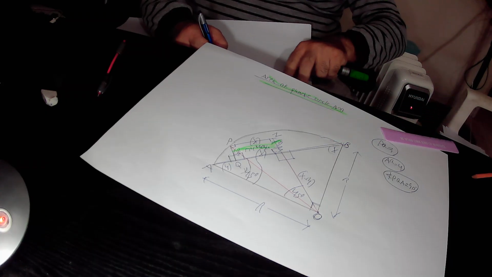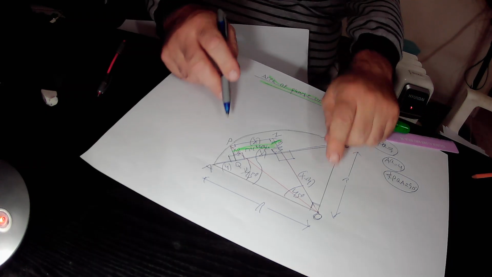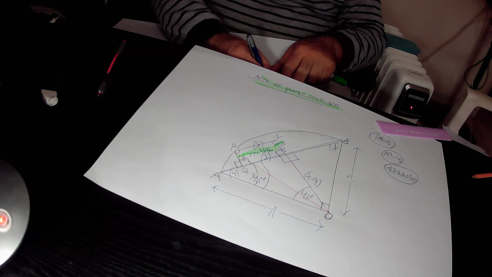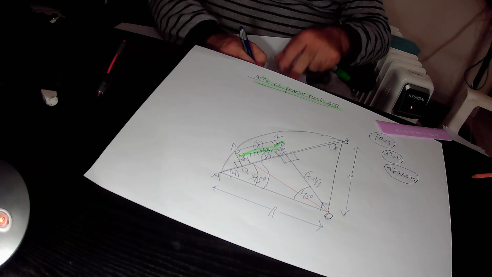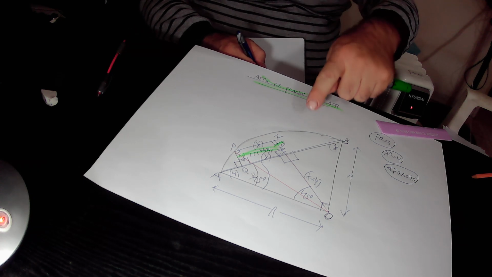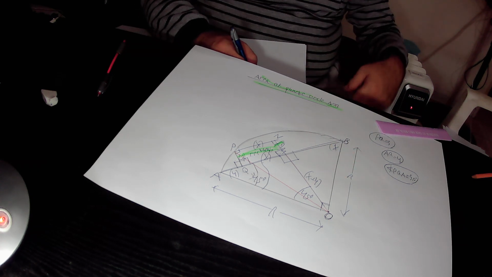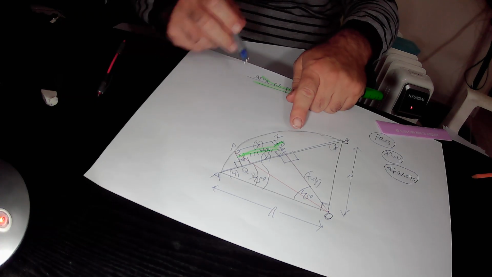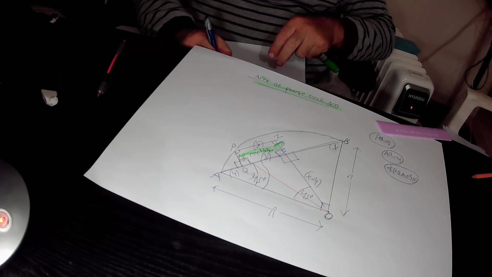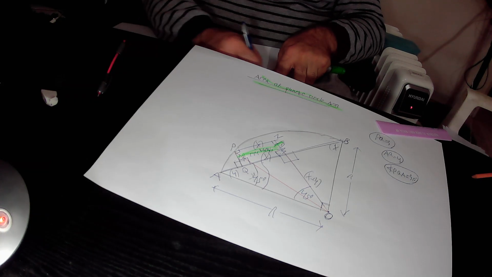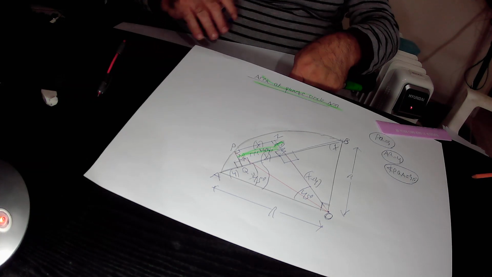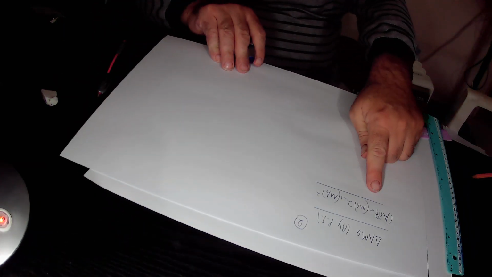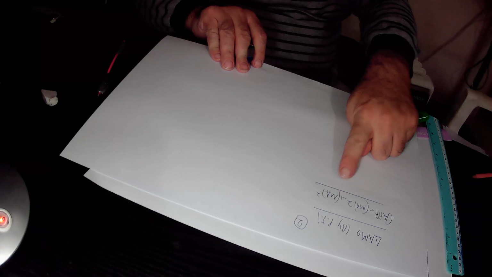So in this right triangle AMO, AO squared, that is the square of the hypotenuse, equals MO squared plus MA squared.